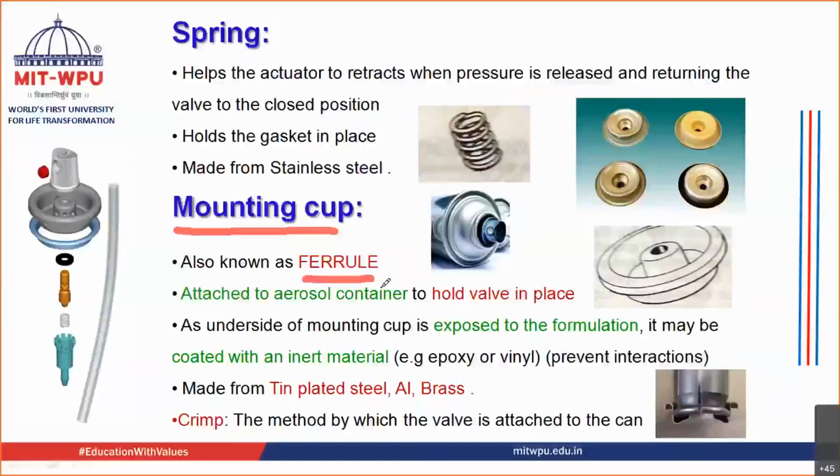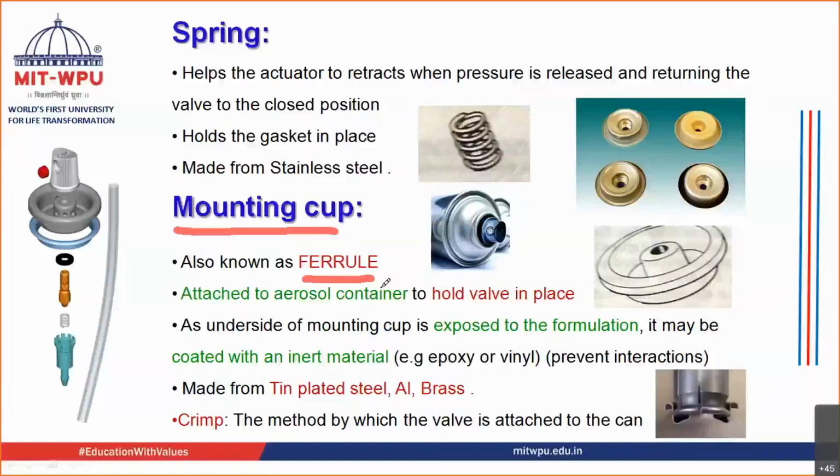This is the mounting cup, a side view of the mounting cup. This part over here is the mounting cup, and this is attached to the container. This is the container. It is attached to the container with the process known as crimping, right?